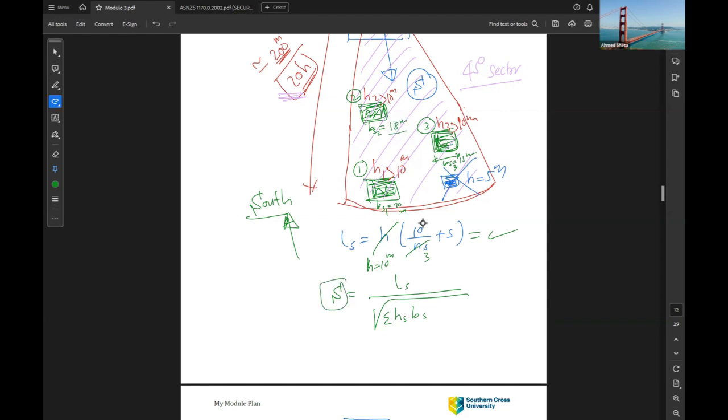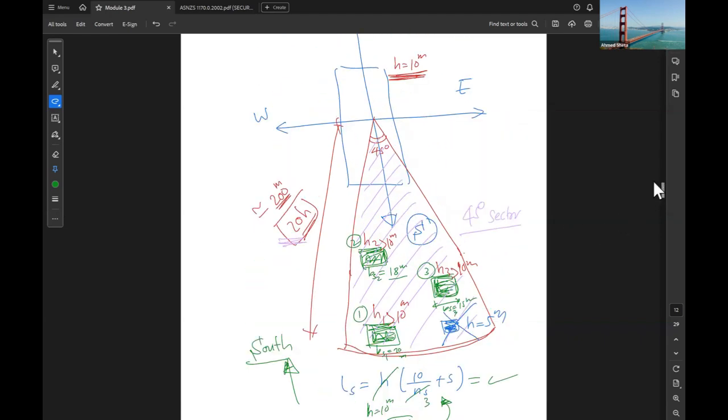So you can find this. LS is this formula above, and in the root, we have the height of each building, HS, times the width of each building, BS. So now you can find S.